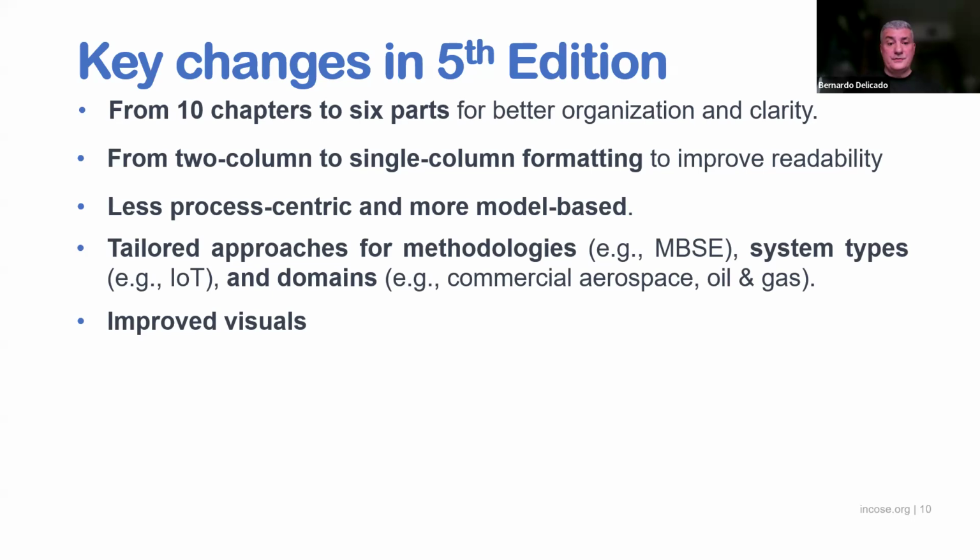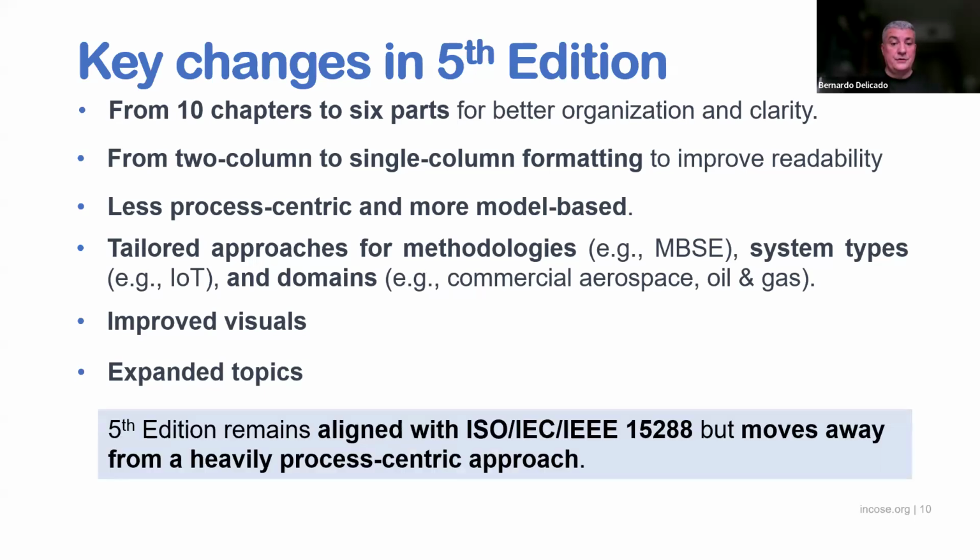Improve visuals. We worked a lot to try to improve the visuals, and also expanded topics that are not included in 4th edition. Fifth edition remains aligned with 15288, but moves away from a heavily process-centric approach.